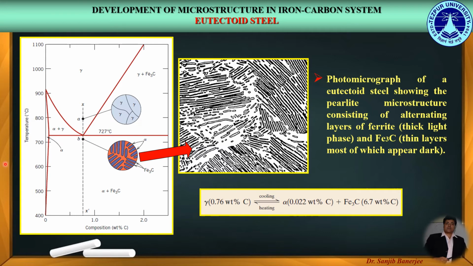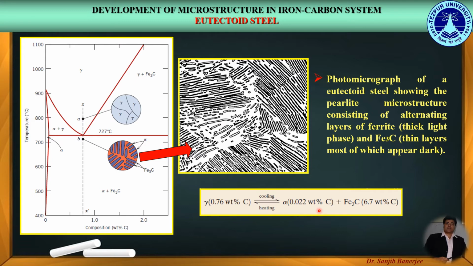The alternating ferrite and cementite layers in pearlite form because the composition of the parent phase, in this case the parent austenite phase, having a composition of 0.76 weight% of carbon, is different than either of the product phases.